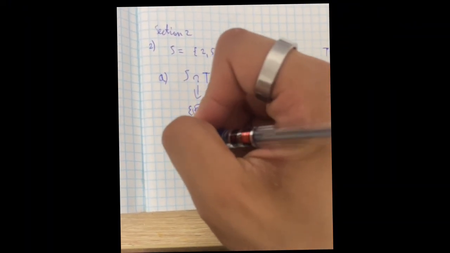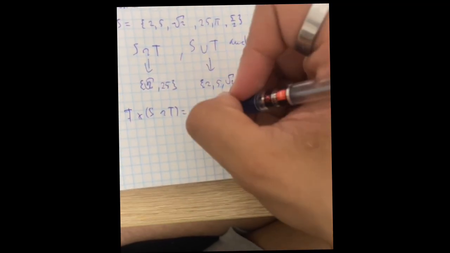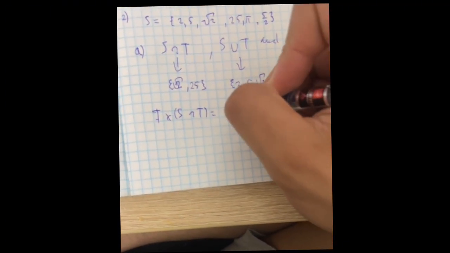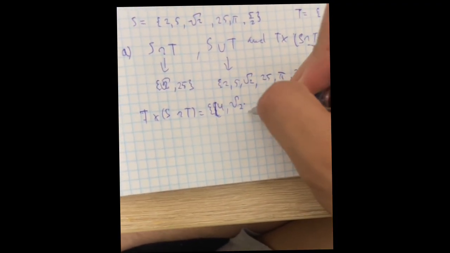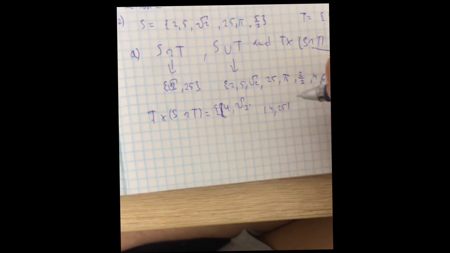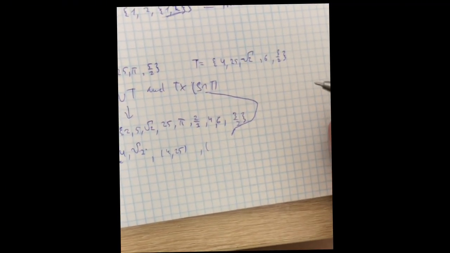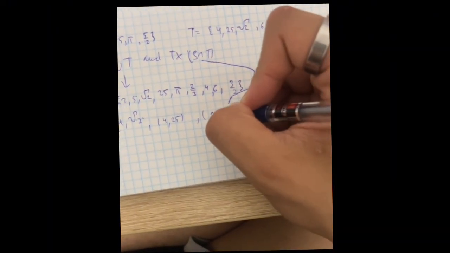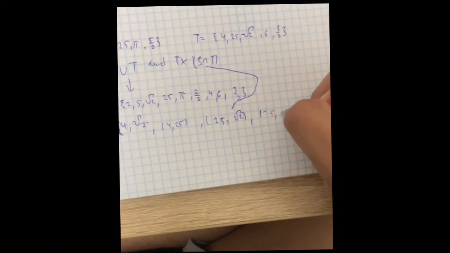The pairs look like that. It's 4 and the square root of 2, then 4 and 25, then 25 and the square root of 2, and then 25 and 25.